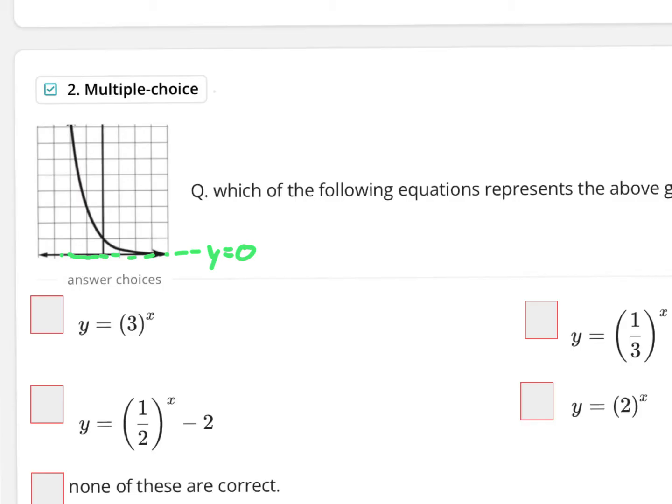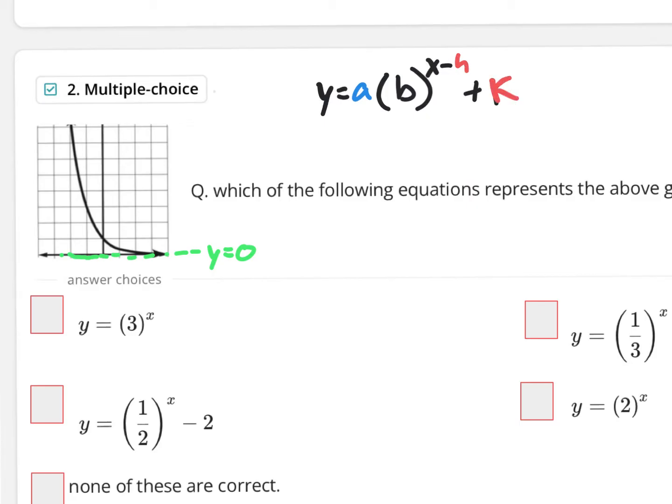Well, first of all, if it's an exponential decay function, we know what our b value is. We have y equals a times b to the x minus h, plus k. This is the form that we want.